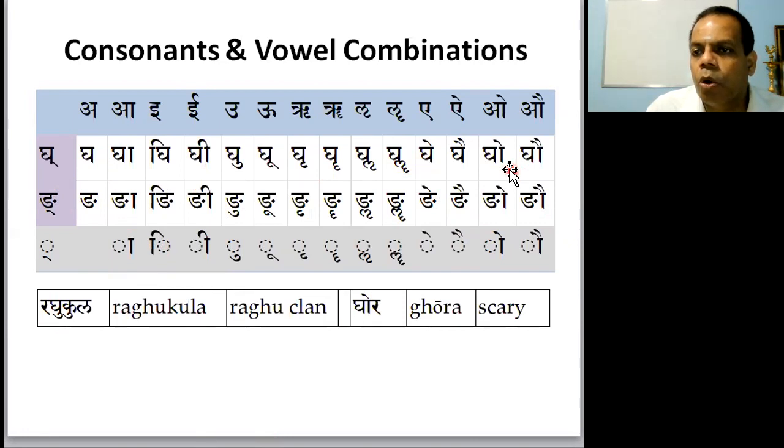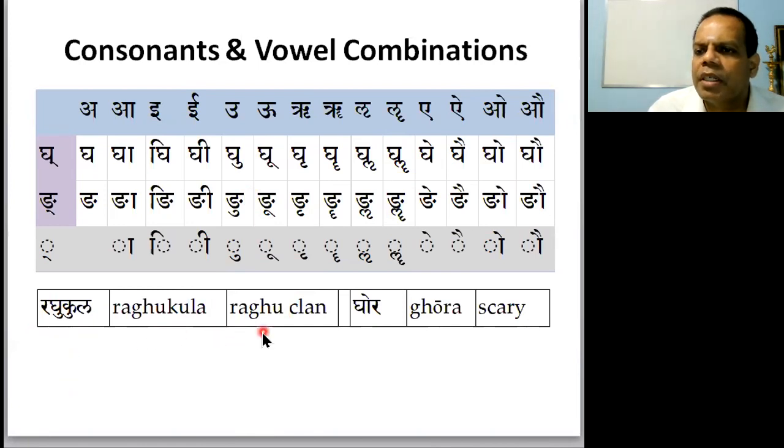You may come across go. I've just given a few examples. Of course, gu also. The first one is Raghu Kula, which you come across very often in bhajans. Raghu Kula Tilaka, and so on.